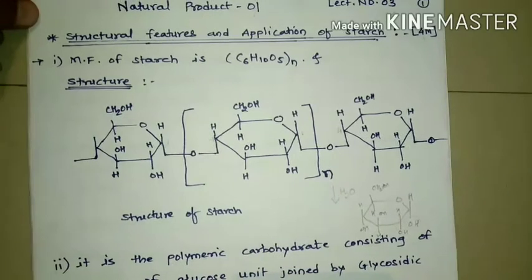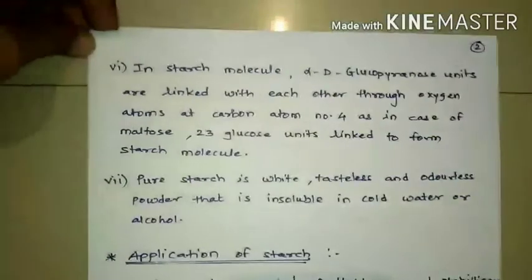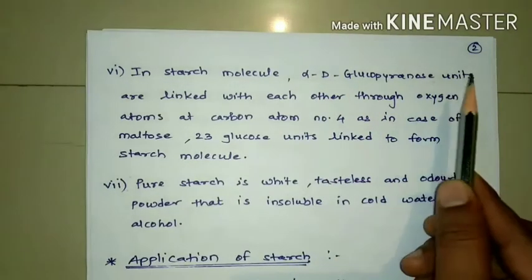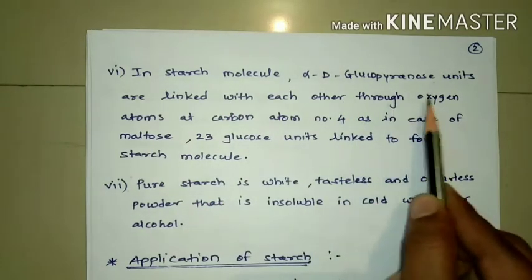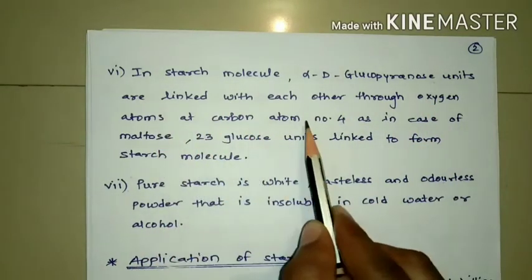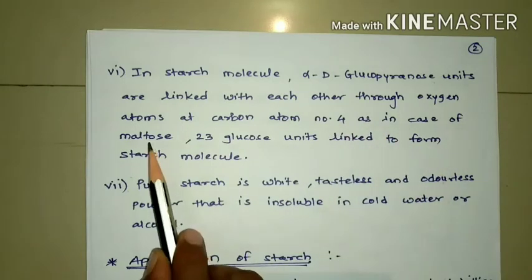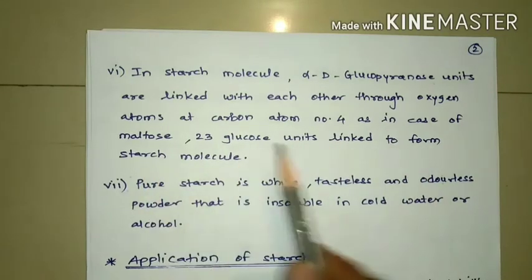Okay, then the next point is, in the starch molecule alpha D-glucopyranose units are linked with each other through an oxygen atom at carbon atom number 4, as in the case of maltose. 23 glucose units are linked to form the starch molecule.